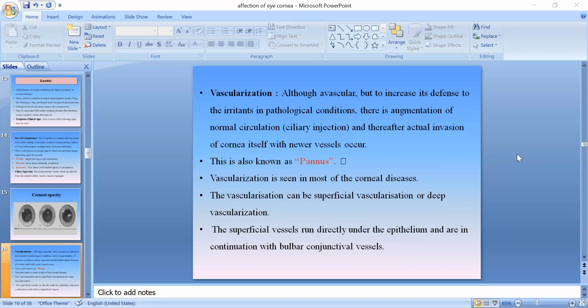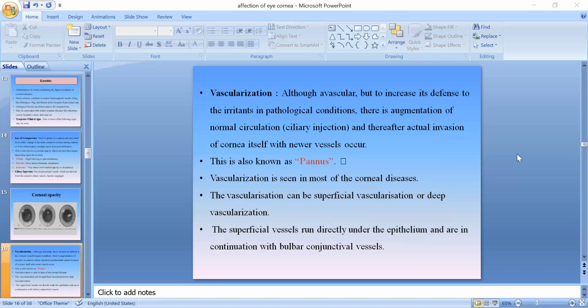So you can diagnose whether vessels on the cornea are derived from the conjunctiva or the ciliary vessels by the color of the vascularization.